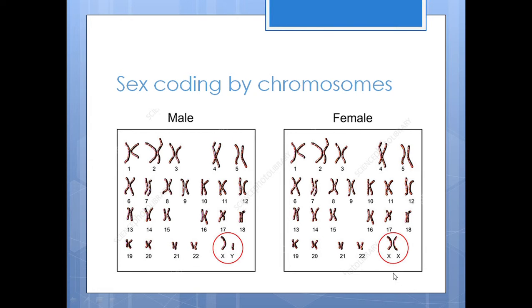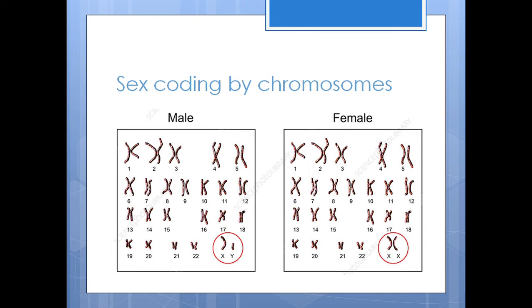Such a long chromosome in the last pair is called X. And all females should possess 2 X chromosomes, so actually this is a typical homologous pair. However, in males, only 1 chromosome is of this X type, a long one. The second one should be much shorter and it is called Y. When you get such a set of chromosomes in your cells, then you develop into a male.